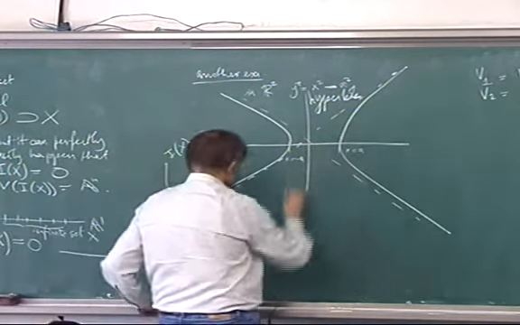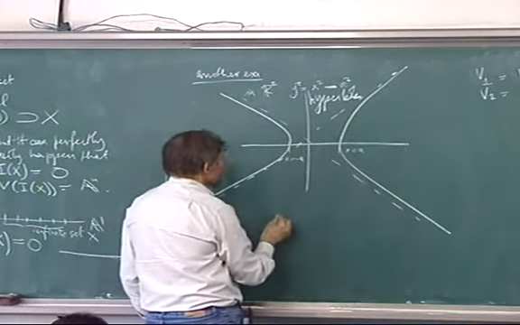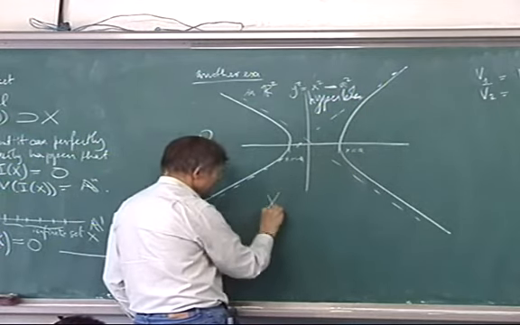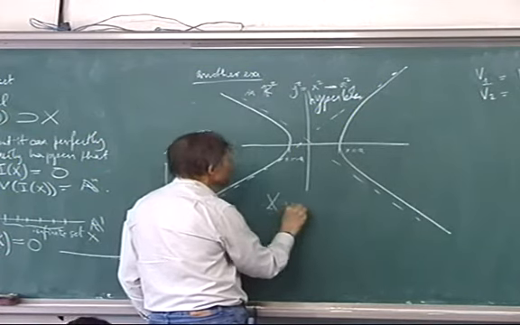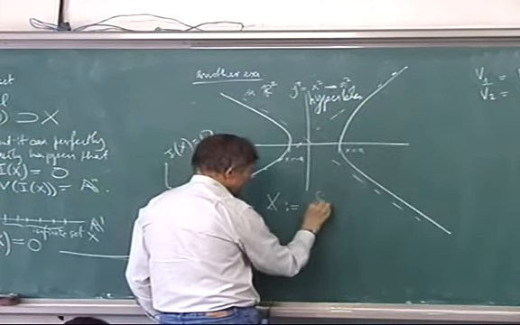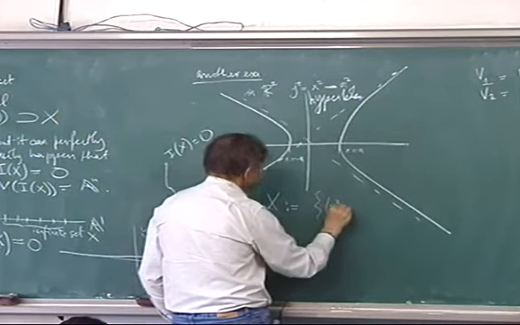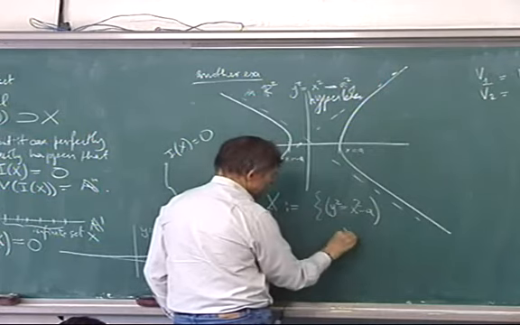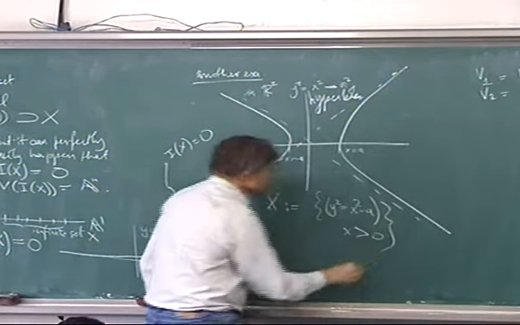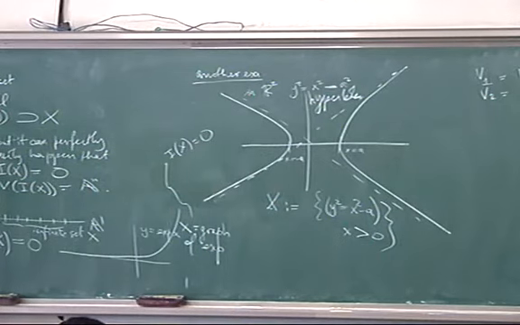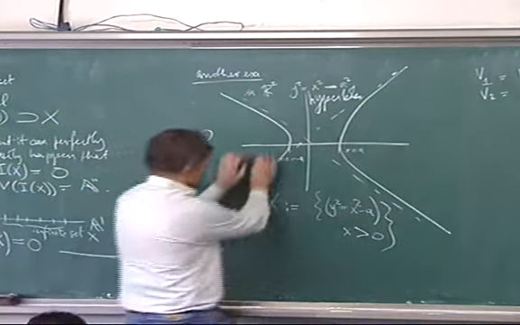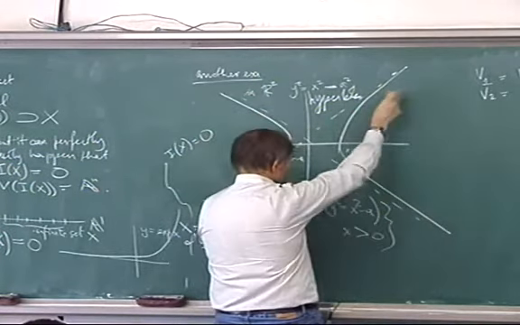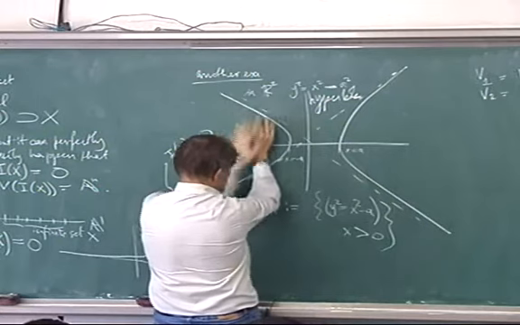So what happens if I take x to be the set y squared equals x squared minus a, and x positive? In other words, I'm doing some kind of applied maths. I only want to consider that branch of the hyperbola. Forget about that branch.